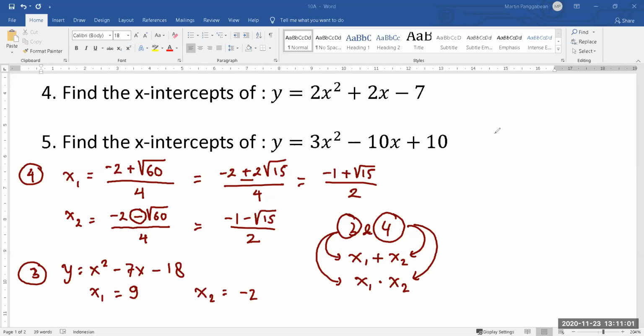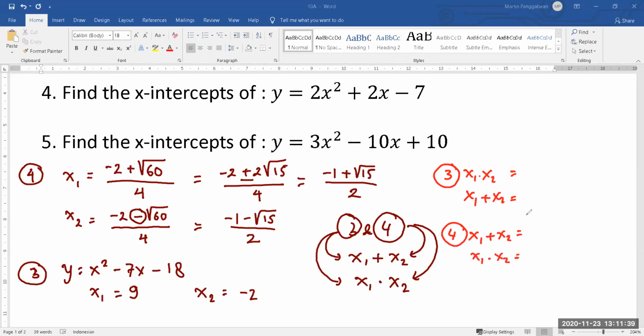Let's just wait. Let me begin with number 3 first, since number 3 is very easy, right? Hopefully. So number 3, x1 times x2, x1 plus x2 equals. Number 4, x1 plus x2. Let me just reverse it.